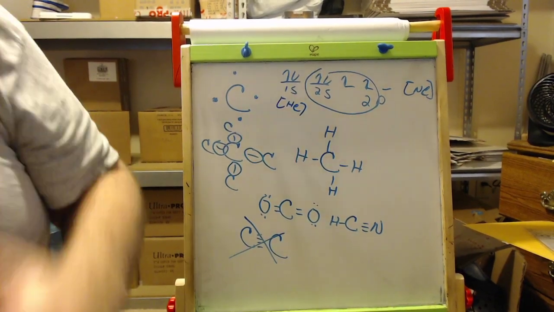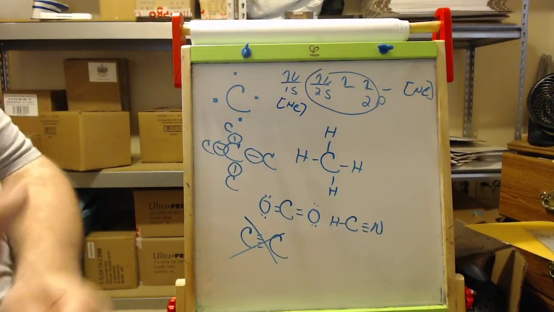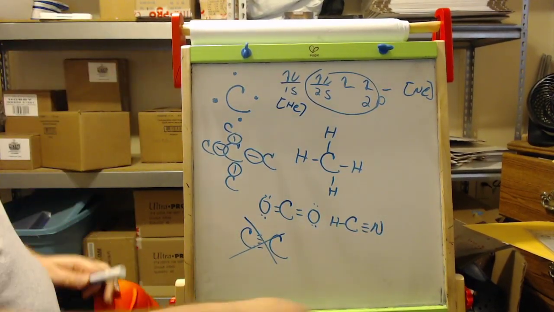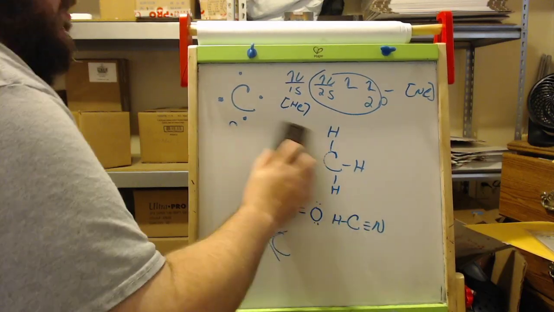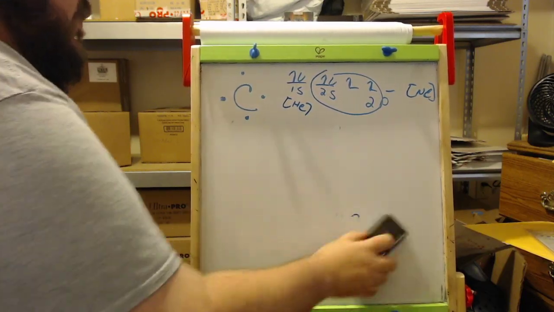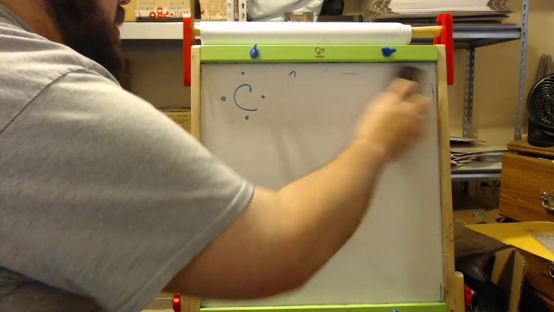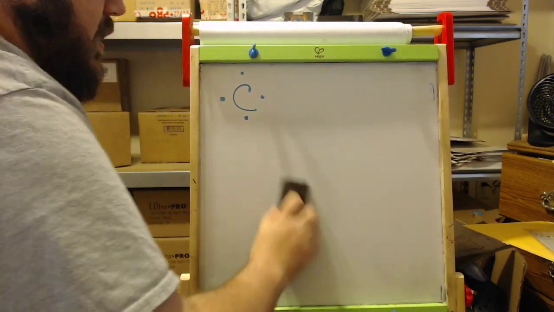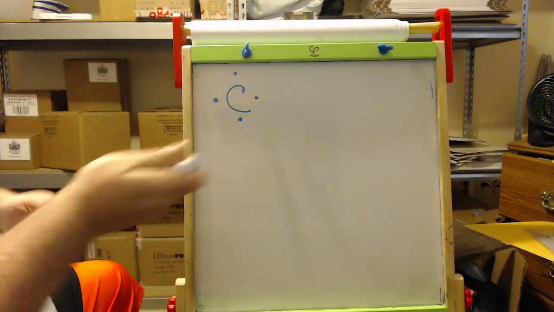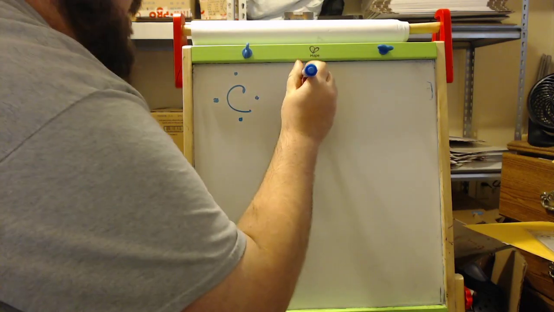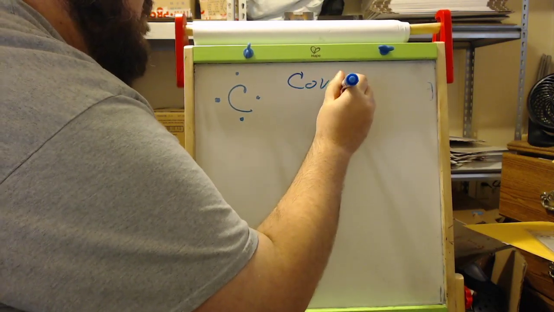Now, carbon's going to do sharing. That is the covalent bond. So, we're going to erase these here, and we're going to stick with carbon, and we're going to do all this fun stuff with carbon, and carbon does covalent bonding.